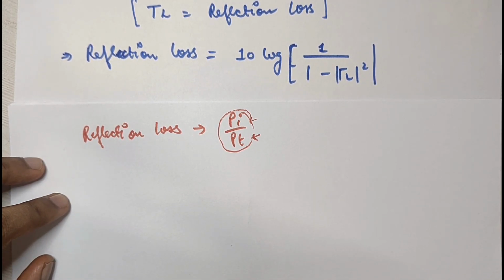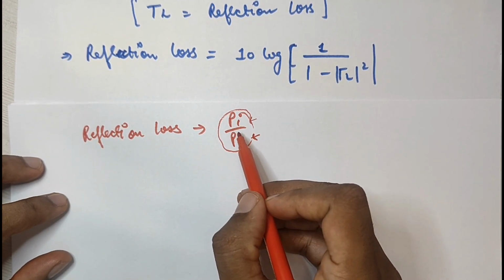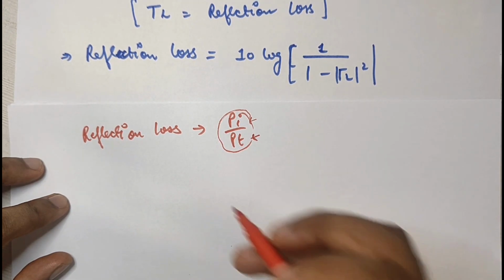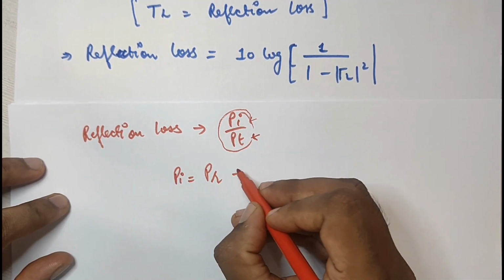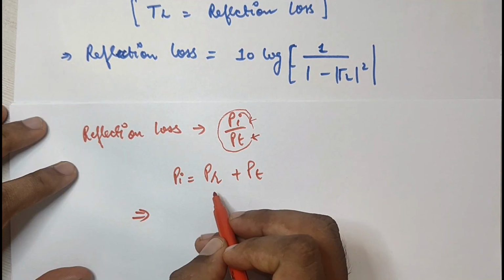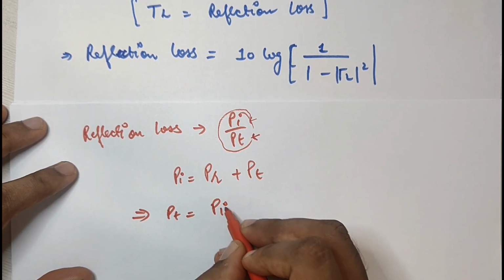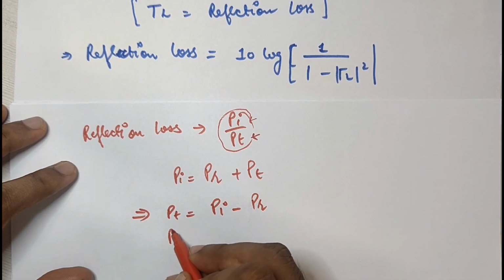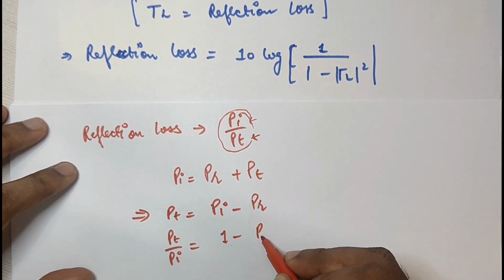Now we will try to calculate the incident power and the transmitted power. We know that incident power is equal to power reflected plus power transmitted. So PT can be written as Pi minus PR. Let me divide this by Pi. This is 1 minus PR by Pi.